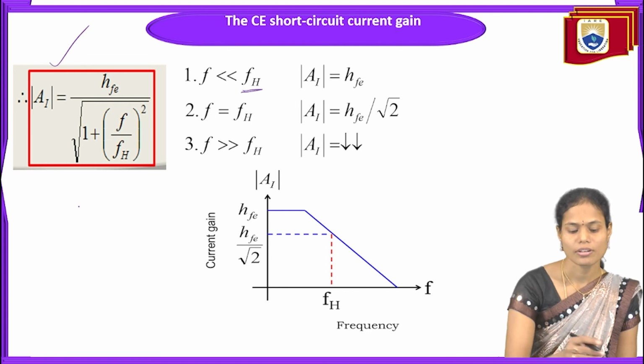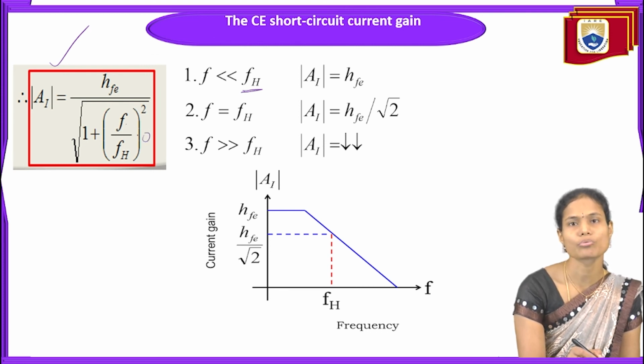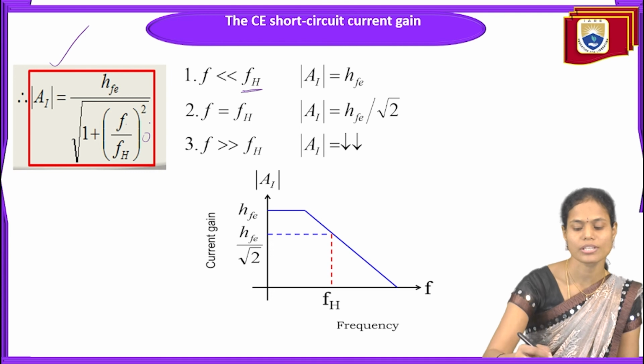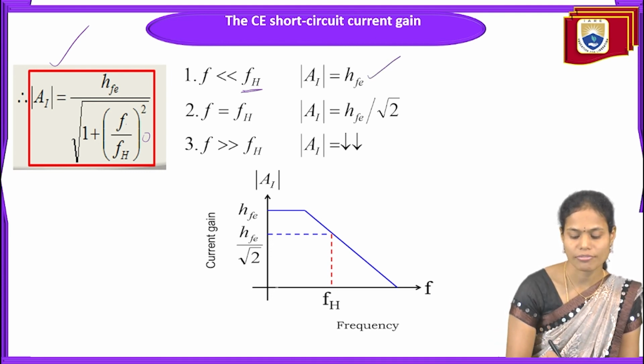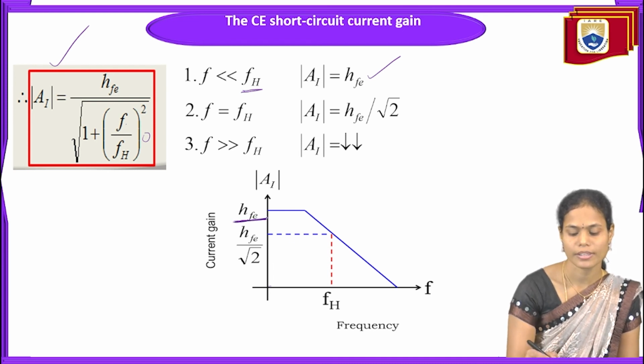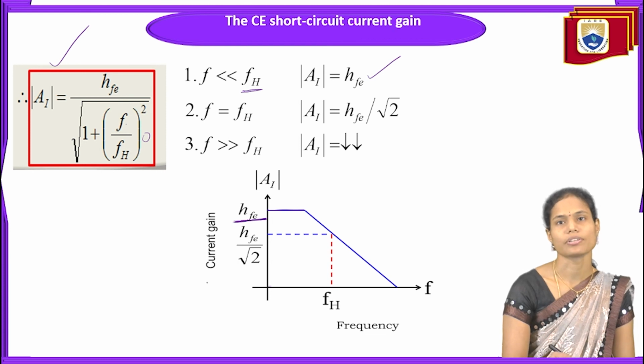In that case, f is very small compared to fH, which means this term in the denominator is very small. So the root of 1 is 1 only. So that's why this value is hfe. So at f less than fH, the value of gain is hfe only.